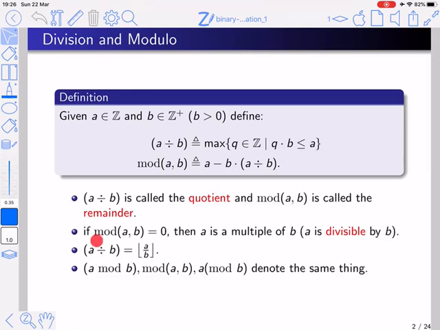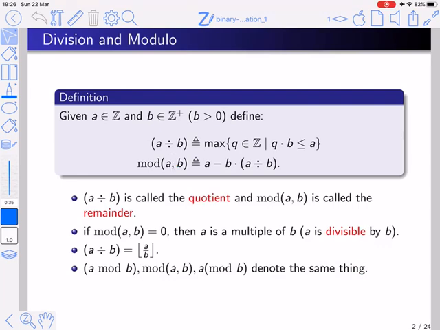Sometimes people write a divided by b as the ratio a to b rounded down to the nearest integer. We often denote the remainder of a comma b by a mod b, mod of a comma b, a of mod b, and so on. All these things denote the same thing. This is the remainder when you divide a by b.